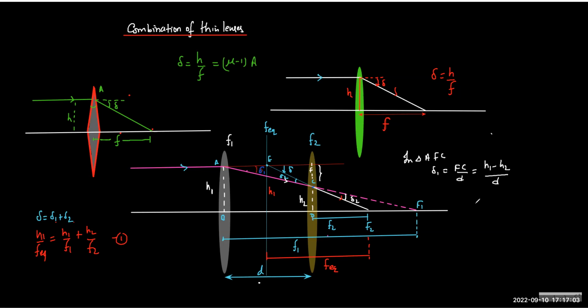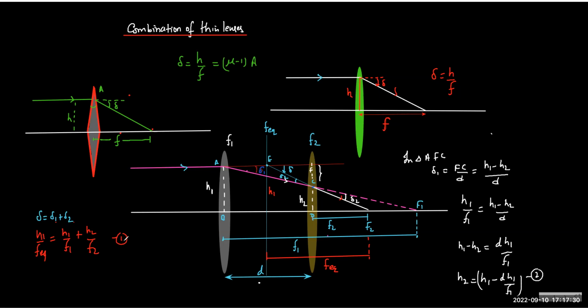Delta 1 is H1 by F1. So now you can write H1 minus H2 equals D times H1 by F1, so H2 is basically H1 minus D H1 by F1.